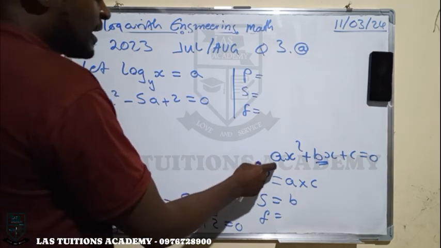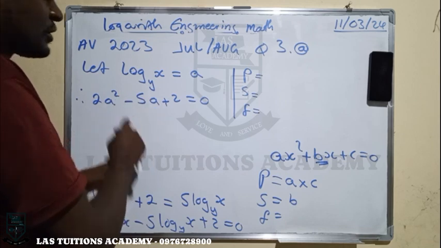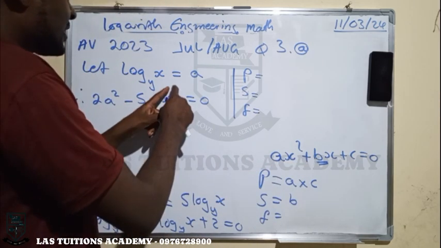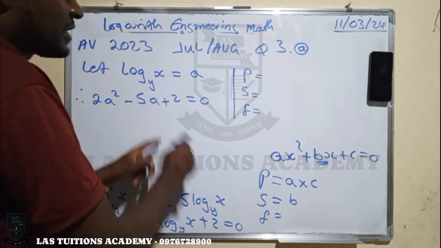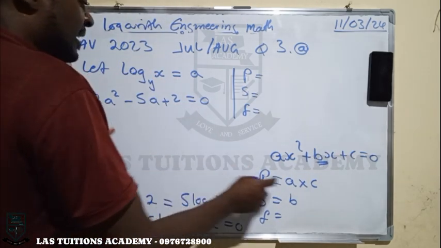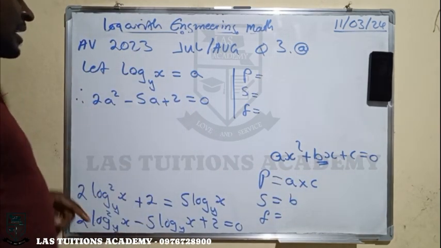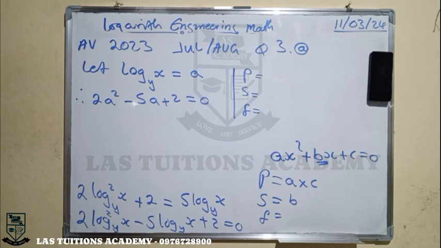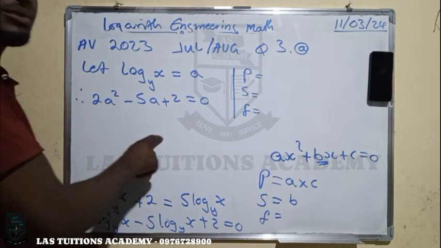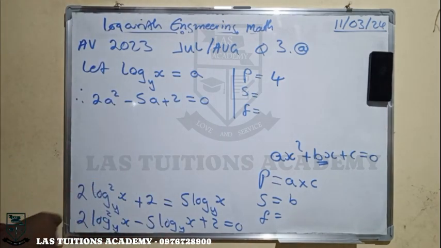Whatever is in front of the variable which is not squared, that's your B. Whatever doesn't have the variable of consideration, that's your C. So when you're finding the product, simply multiply A times C. Forget about the variable of consideration. So 2 times 2, you get 4. So the product is 4. Then what will be the sum? Literally, what would be the sum?